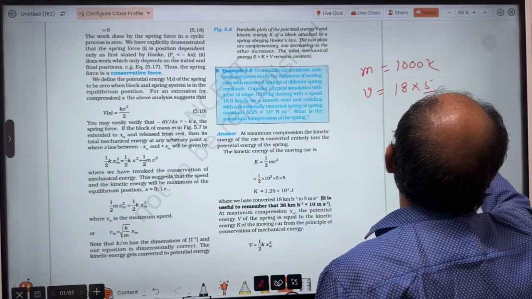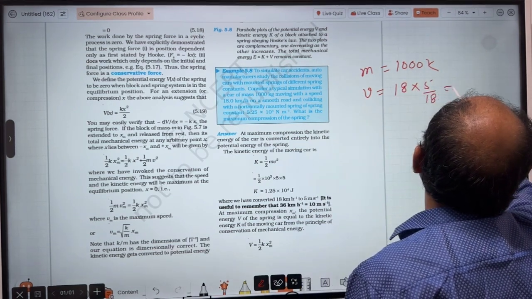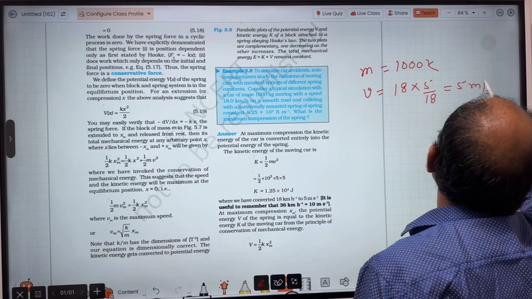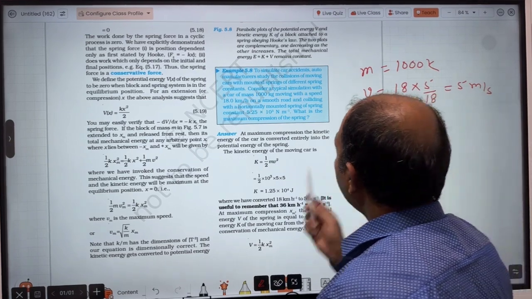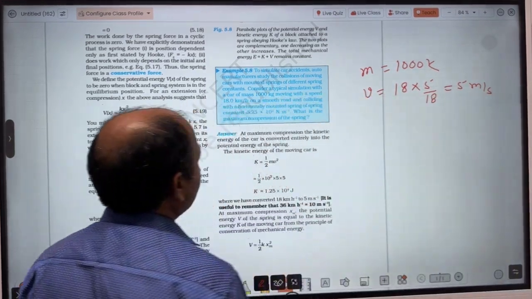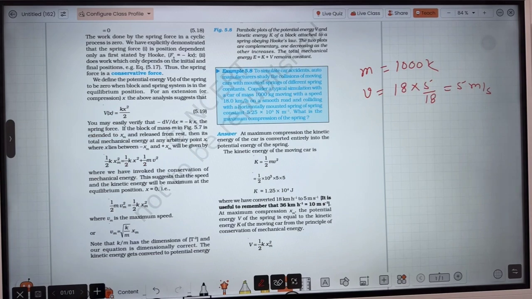Multiply it by 5 by 18 to convert into meter per second, so 5 meter per second. Now we can find its kinetic energy.